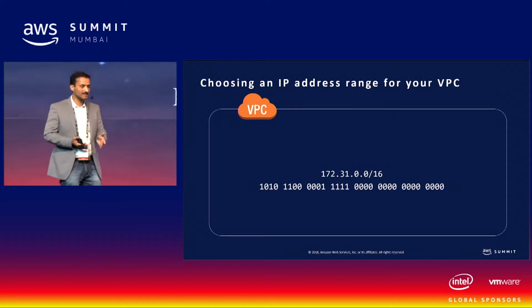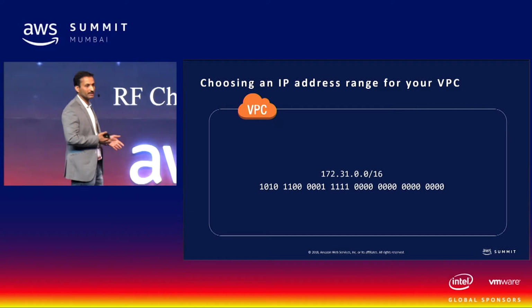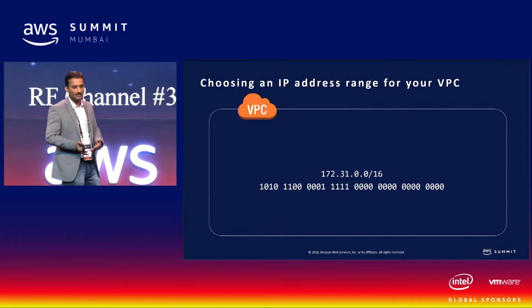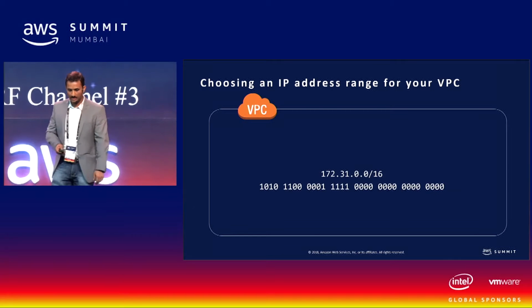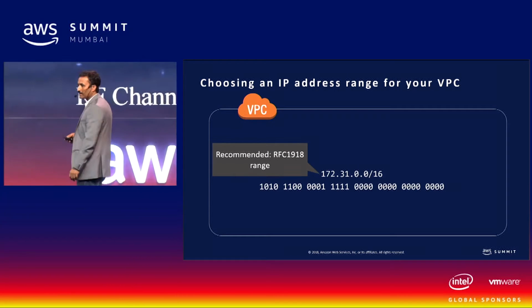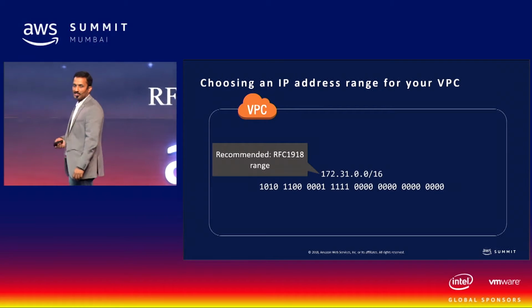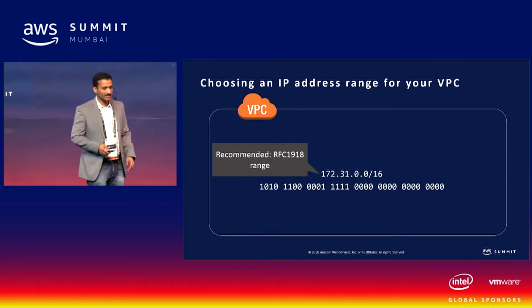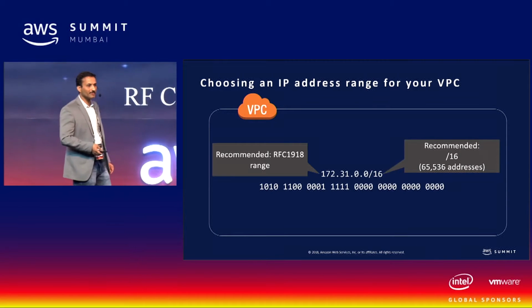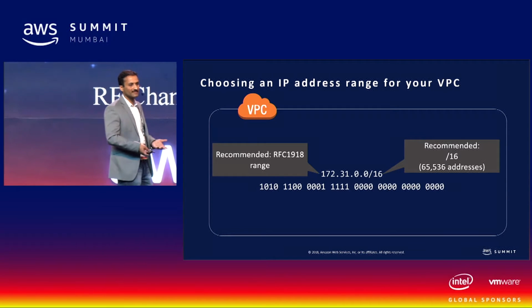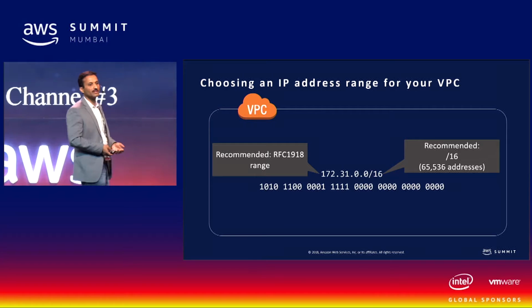So what this tells is that the first 16 bits will be used for network, and the last 16 bits will be used for addressing the host, right? And we recommend that you use an RFC 1918 range, which is a private IP addressing range, and when you are building a VPC, start with the /16, which is the biggest VPC you can have.